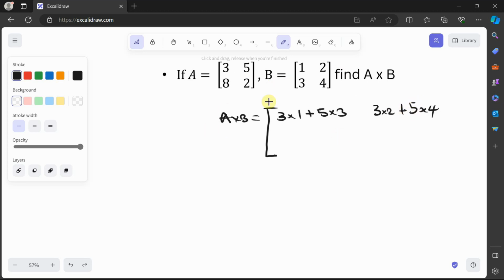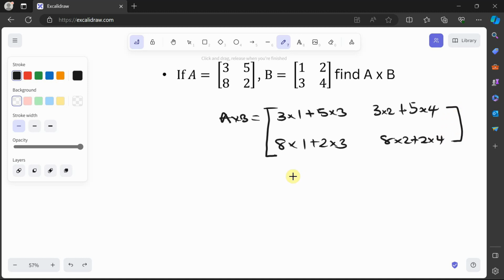For the third element, I multiply row 2 of A by column 1 of B, and that will be 8 times 1 plus 2 times 3. And finally, row 2 of A multiplied by column 2 of B to find the fourth element, and that will be 8 times 2 plus 2 times 4.